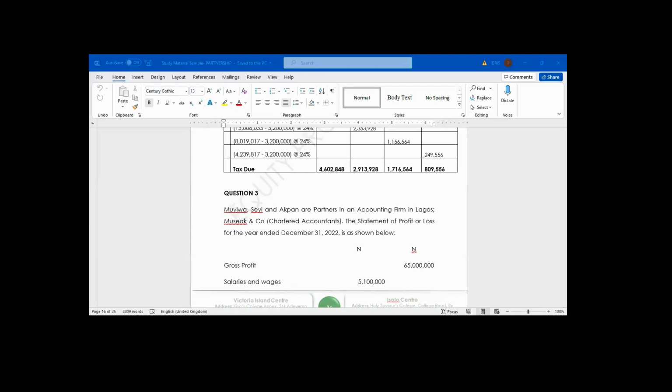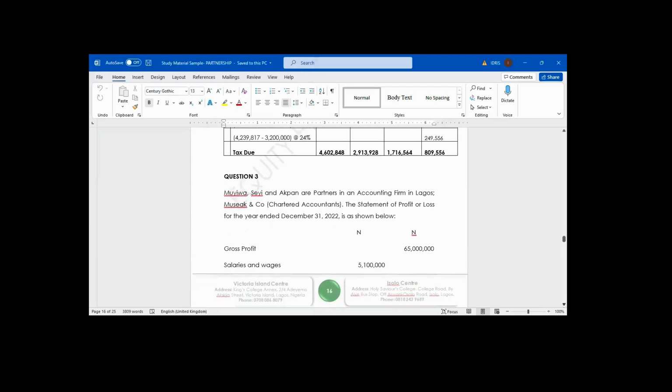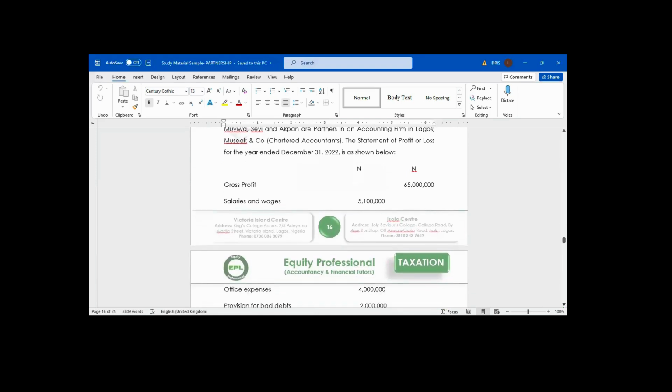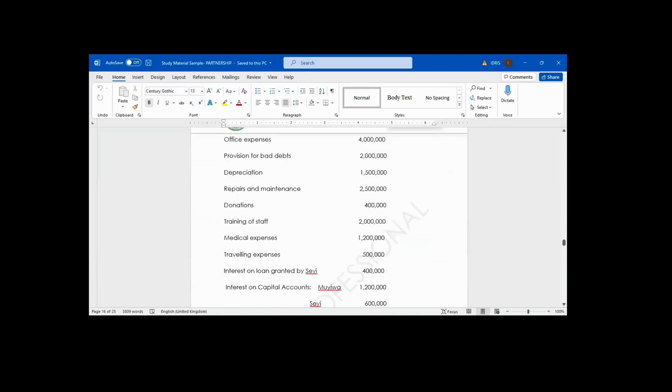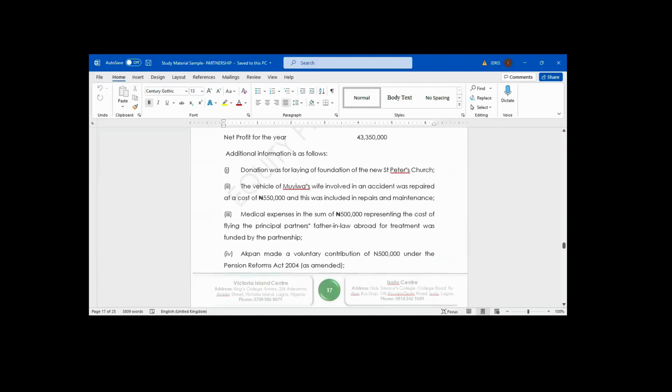First, salaries and wages. Is it allowed or disallowed? It's allowable expenses, but let's check the additional information. Do we have information regarding salaries and wages?